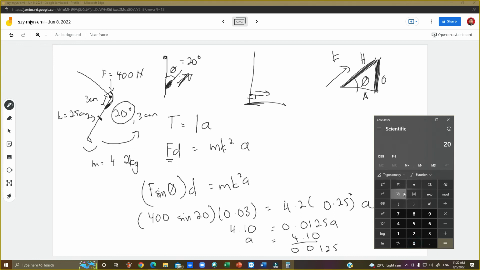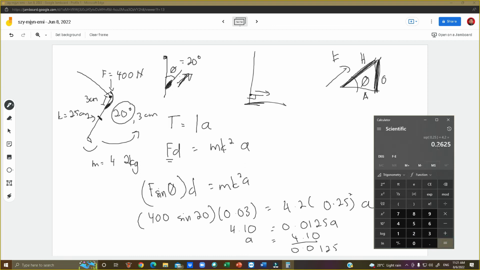Sekejap macam terlebih perahu ni. Sin 20, okay, kali dengan force 400, okay, kali dengan D 3 cm, 0.03, okay, 4.10. Alright, and then we have 4.2 and 0.25, okay, 0.25 square times 4.2.